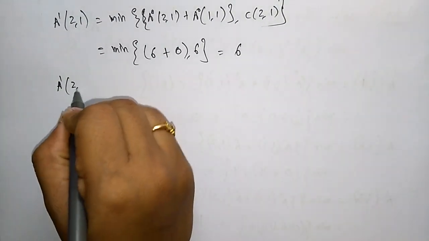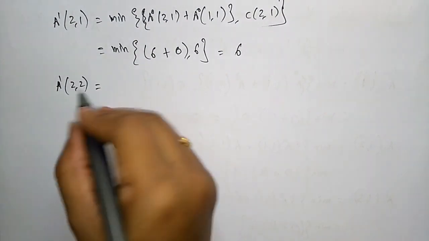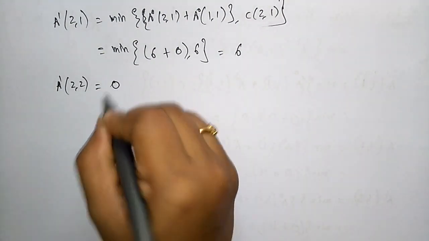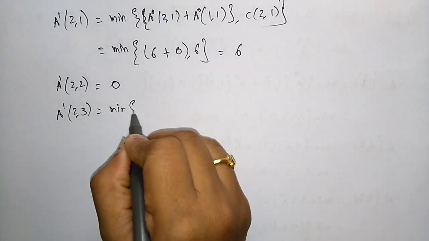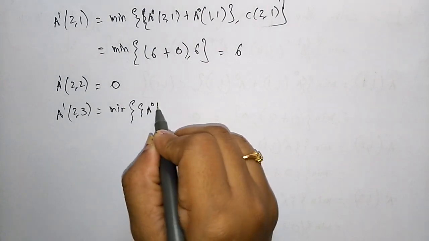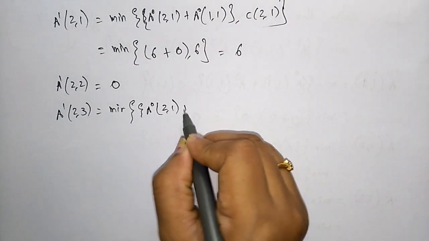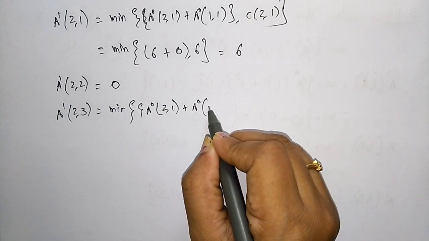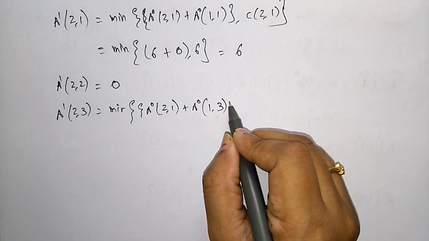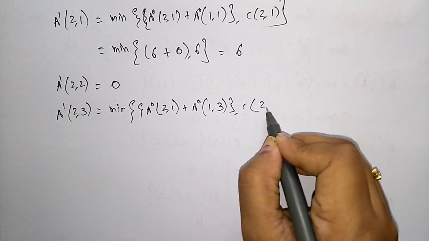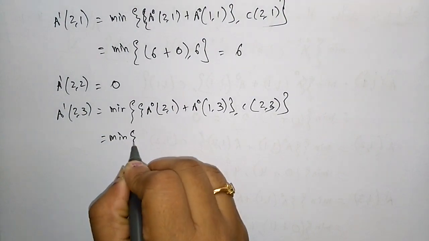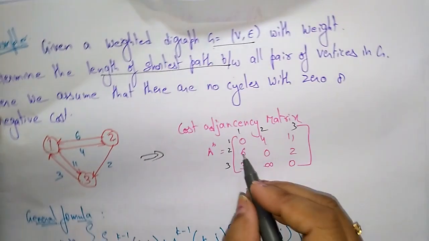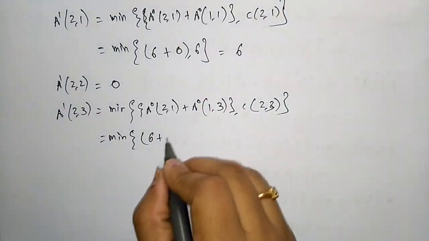Then A1 of 2 comma 2 you have to take. Always, if you visit the same vertex, the value should be 0. A1 of 2 comma 3: minimum of A0 of 2 comma 1 plus A0 of 1 comma 3, comma C of 2 comma 3, I comma J. A0 of 2 comma 1 is 6, and 1 to 3 is 11.